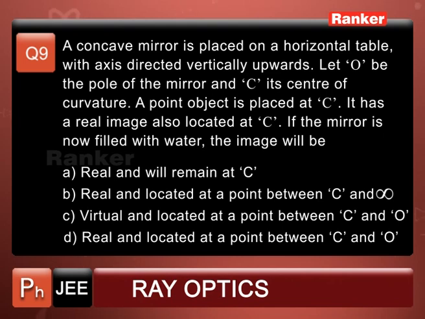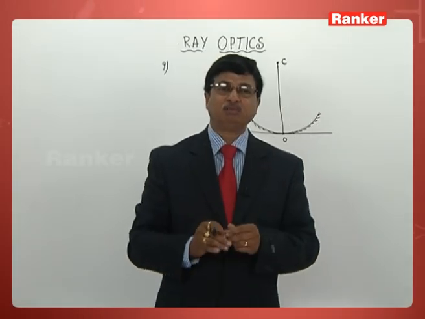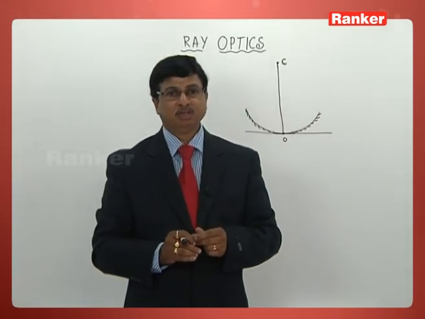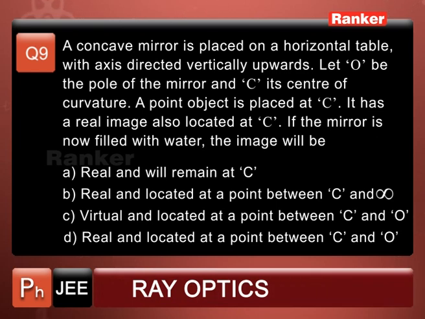If the mirror is now filled with water, the image will be, that is the concept he is asking about. And he has given us 4 options. The image will be real and will remain at C only, that is the first option. The image will be real and located at a point between C and infinity.